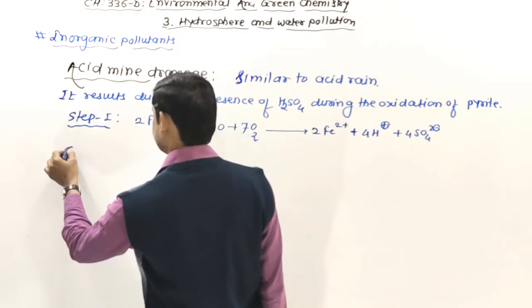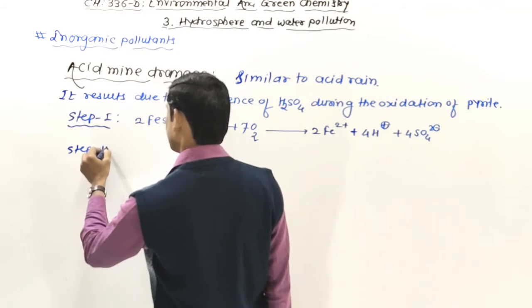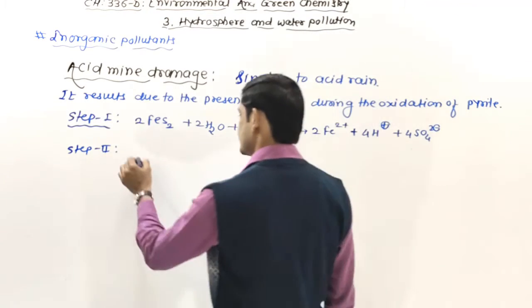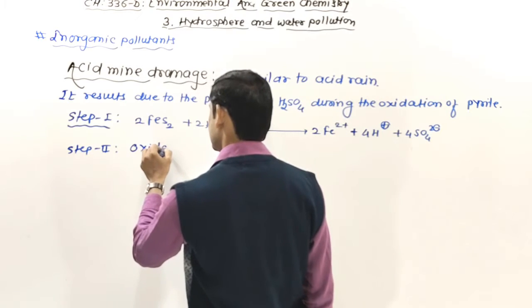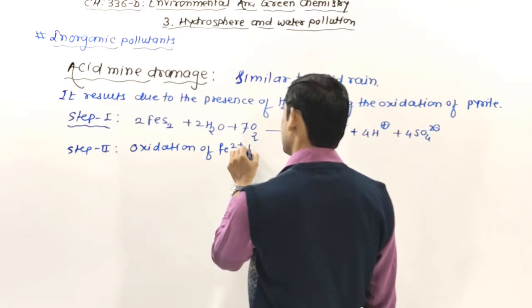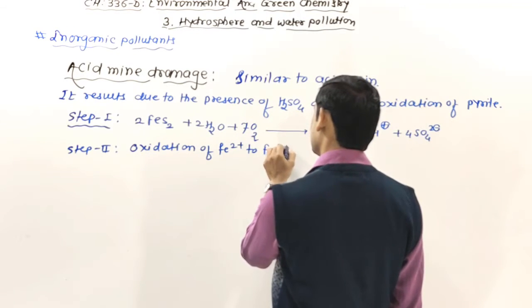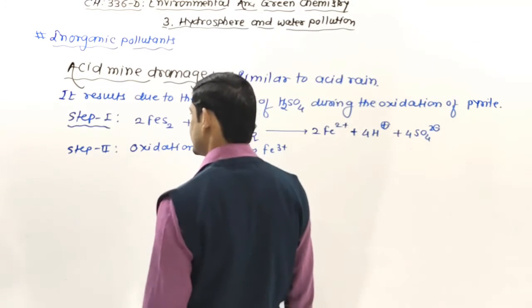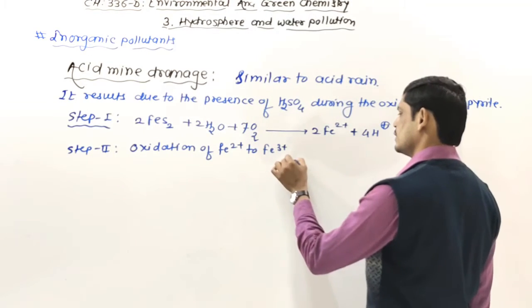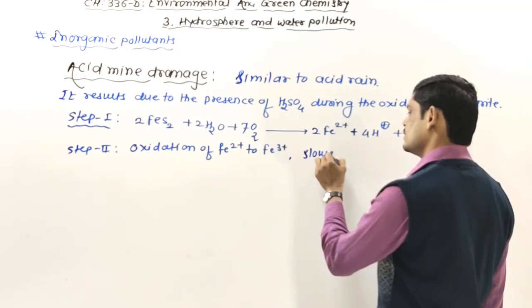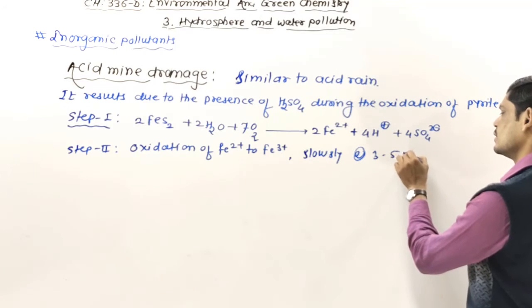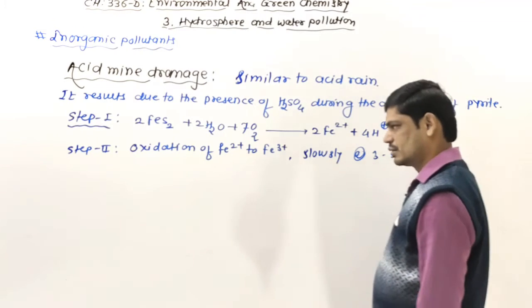Our second step is the oxidation of Fe2+ to Fe3+. This oxidation takes place slowly at about 3.5 pH.